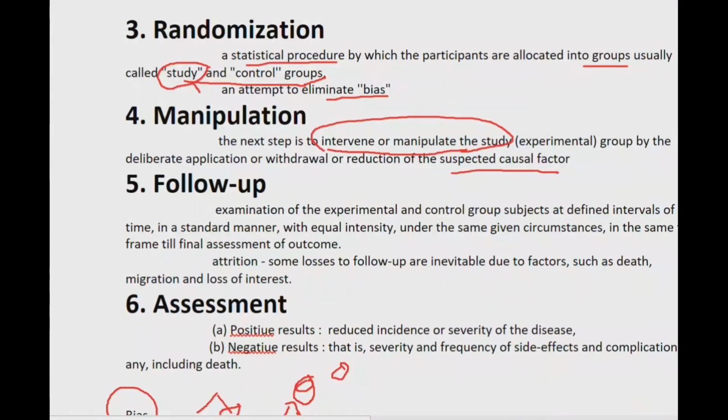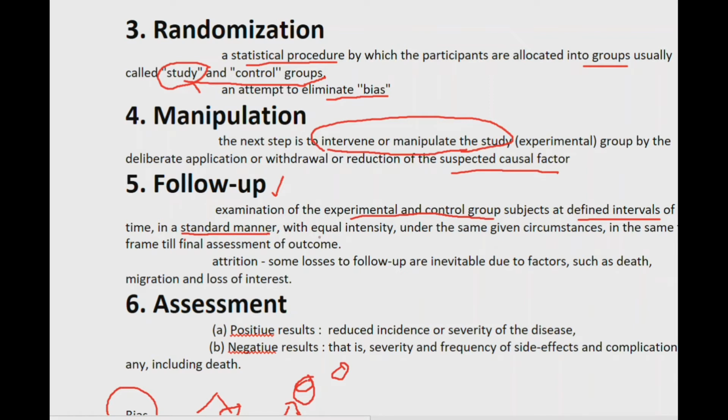Then the follow-up. Follow-up is very important, because after giving this manipulation or intervention, we have to follow up so that we can find out the results of the intervention made. So the experimental and control group subjects are examined at defined intervals. We have to monitor them regularly in a standard manner, without bias from thinking this is the experimental group and that is the control group.